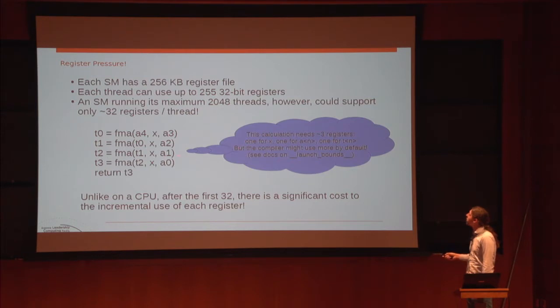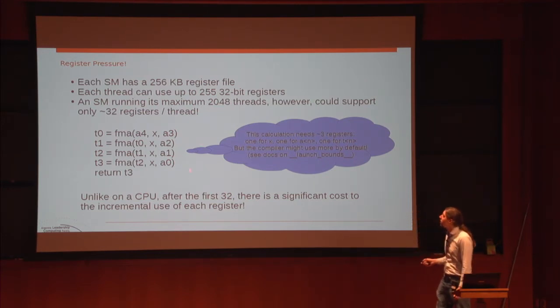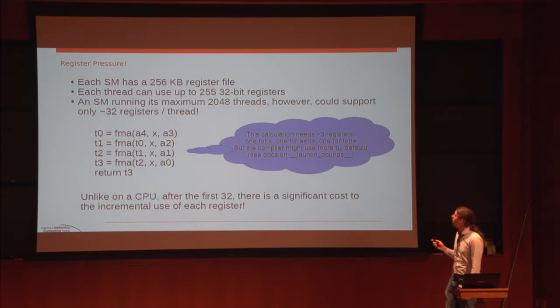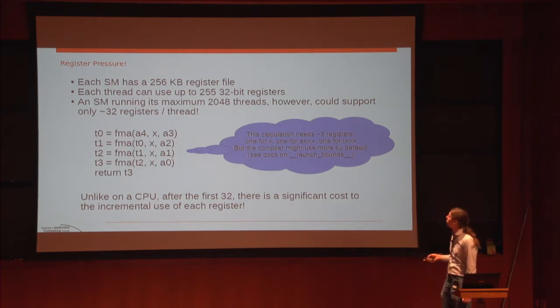The compiler by default will not necessarily do a very good job of limiting this. So it's important to figure out how many registers your kernels are using. And if you like, you can see documentation on various pragmas that can help direct the compiler to produce kernels that only use the appropriate number of registers.